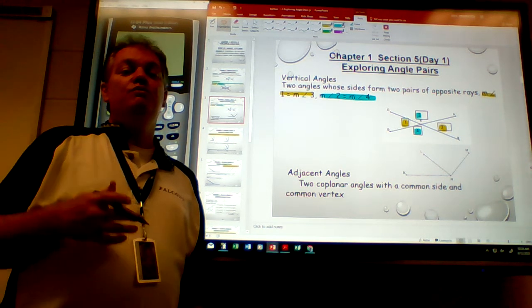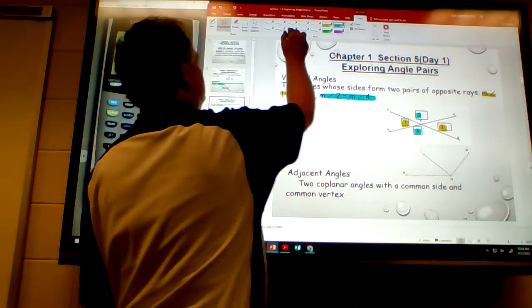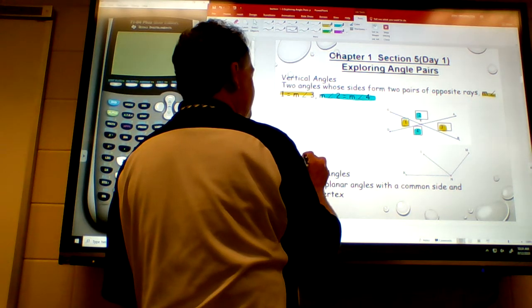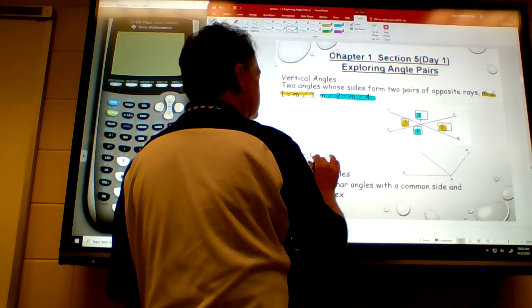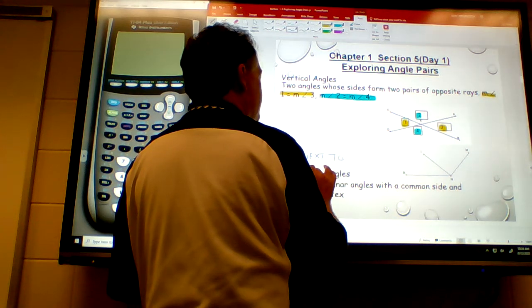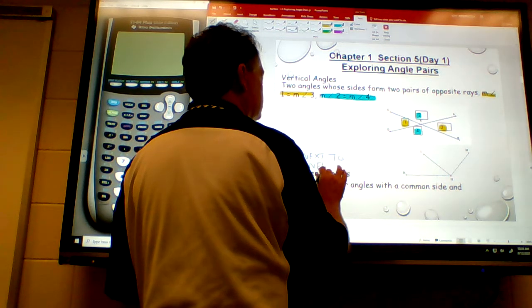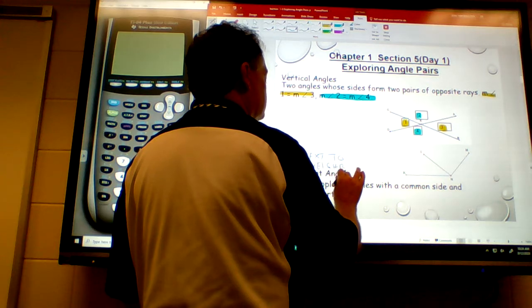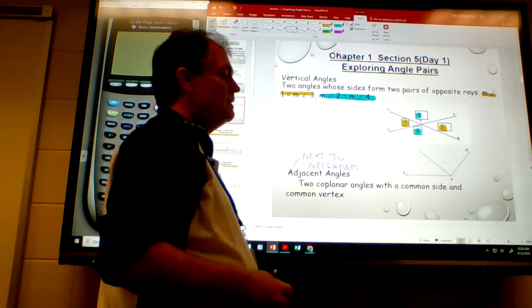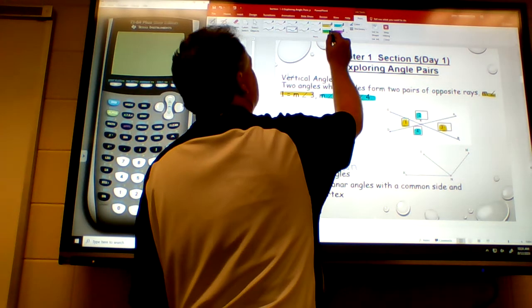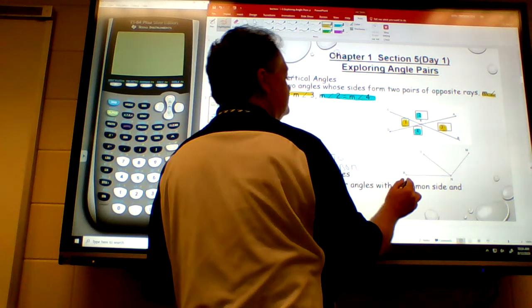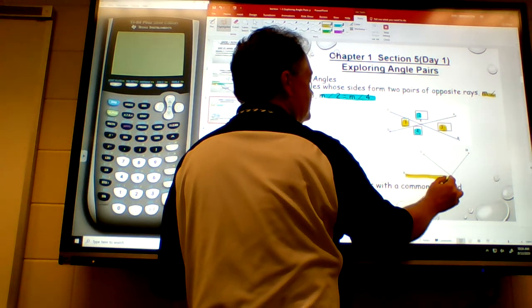Now, the next relationship we're going to talk about is adjacent. Now, you may know the word adjacent means next to. So, adjacent is next to or neighbor. So, if you look at the following, I'm going to highlight this angle right here.